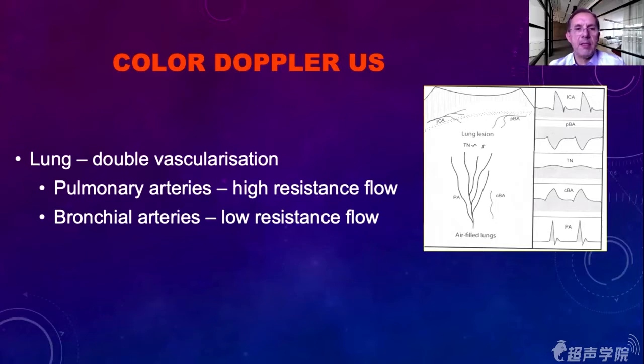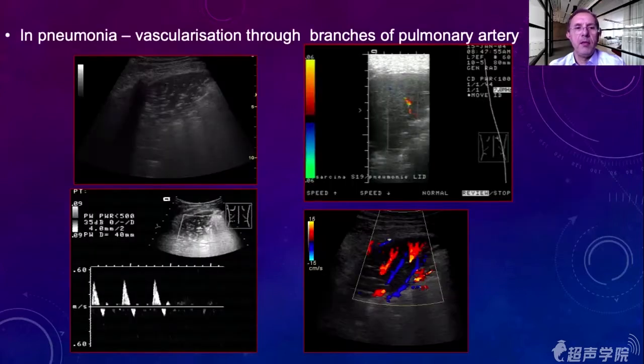We can assess this by using color Doppler ultrasound, and you see that in pneumonia we have a vascularization through branches of pulmonary arteries that are straight vessels with a spectrum of high resistance flow with negative diastolic velocity.